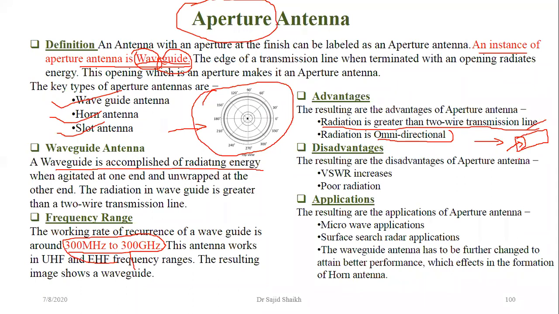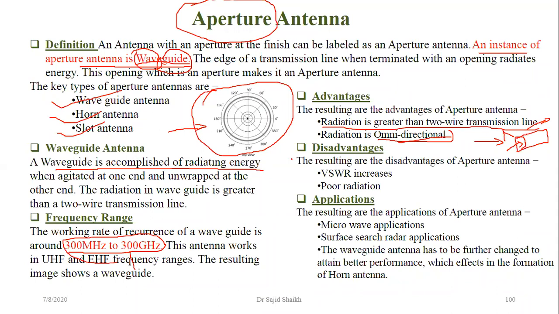It will not travel in other directions like this or like this. So whatever direction is decided by the waveguide, it will radiate the energy in that direction. That's why omnidirectional, or we can say single direction. This is another advantage of this aperture antenna.